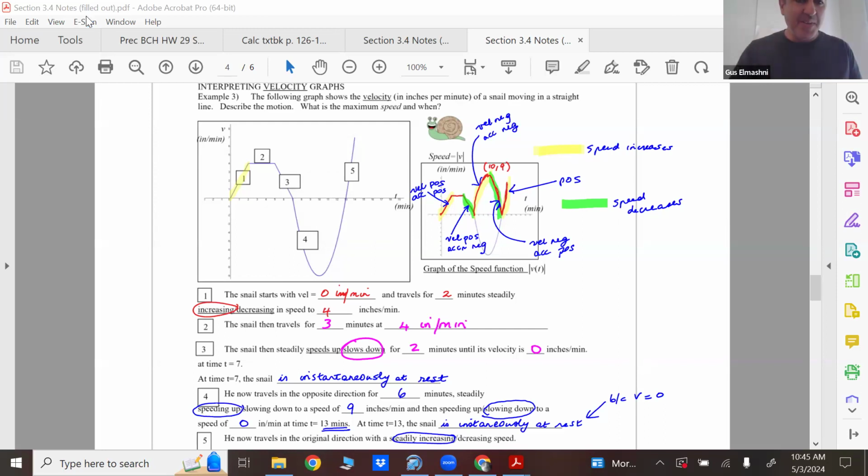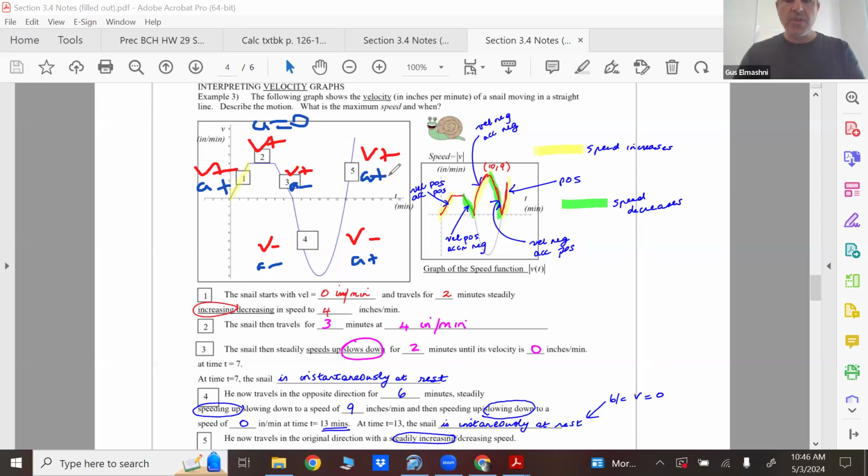Okay, so velocity is positive here, positive here, positive here, negative there, negative there, positive here. Tell me what's happening with acceleration for the first. What's happening with acceleration here, guys? The acceleration is 0 because you're not changing speed. How about here? How about here? How about here?